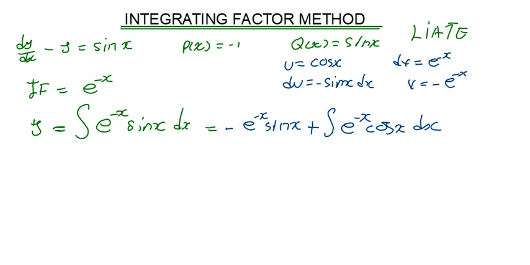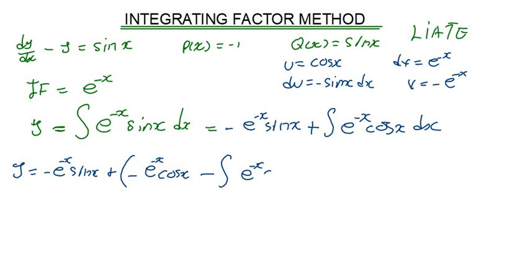So we can say our y is equal to minus e to the minus x sine x, plus open bracket, u times v, I'm going to get minus e to the minus x cos x. Then I'll say minus, it remains a minus because the two negatives multiply to give a positive, so that will be the integral of e to the minus x sine x dx.